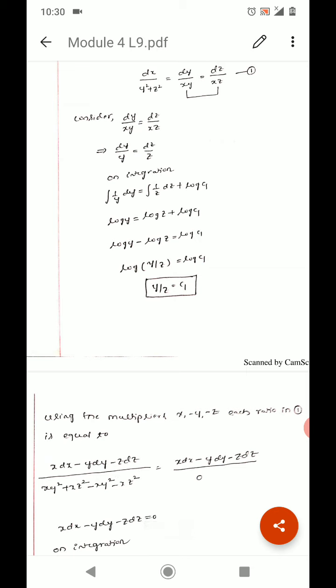Then the equation becomes x dx minus y dy minus z dz divided by x(y square plus z square) minus xy square minus xz square. So the denominator becomes 0, and we get x dx minus y dy minus z dz equal to 0.